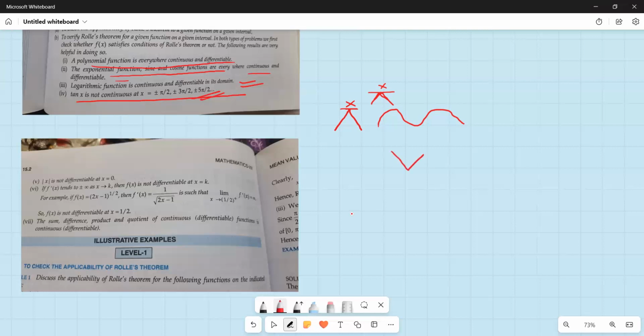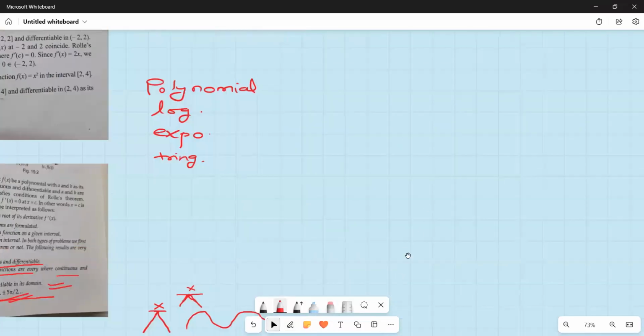Now f'(x) tends to minus infinity and plus infinity as x tends to k, then f(x) is not differentiable at k. Infinity cases are not discussed here. Next, let us go to the exercise.